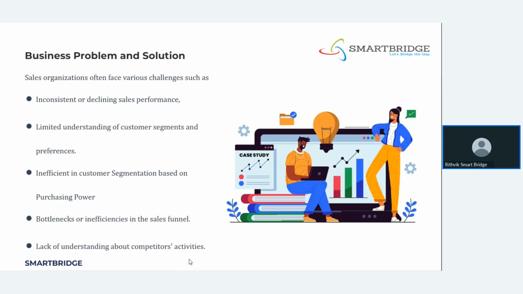And the bottom line insights, the sales funnel and lack of understanding about competitors. What are the competitors doing to attract customers? Are they giving some offers, some deals? These are the things we need to understand, and solutions based on that.